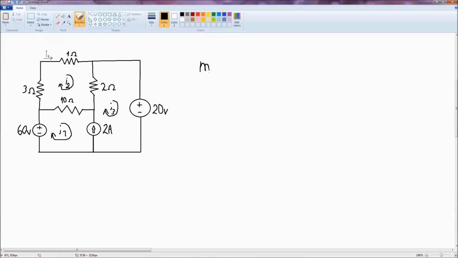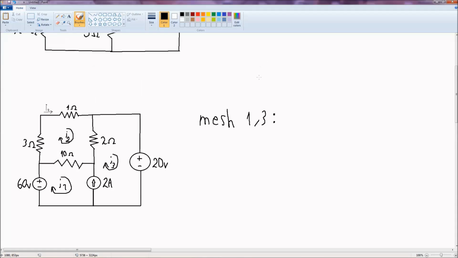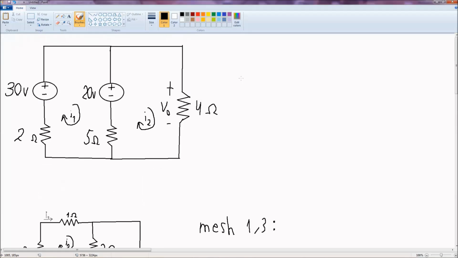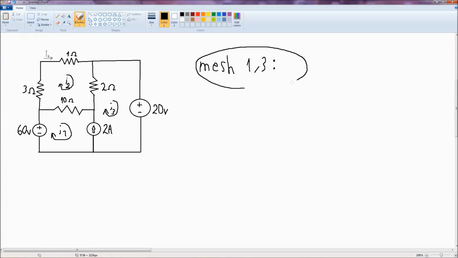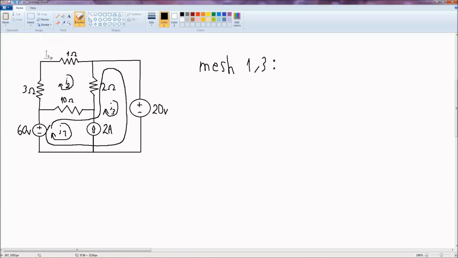And how does that work? You write something like mesh 1, 3. Unlike when we had previously, why did I delete everything? When we had just one mesh 1, we put here mesh 1 and 3. And why it works is because we consider the current to be like this.